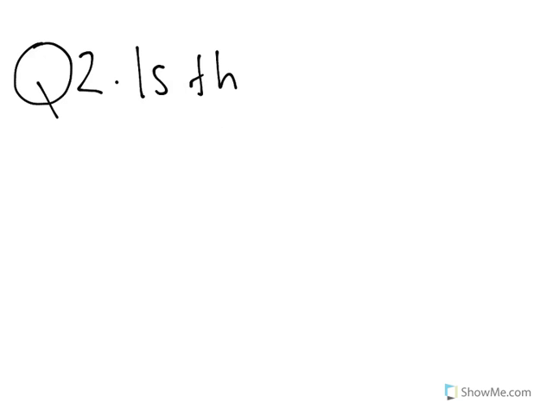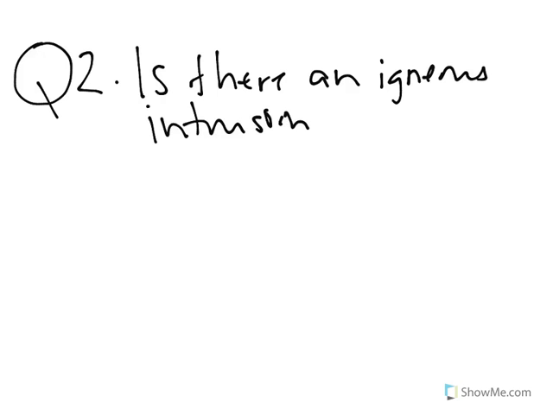Now, the next question we have to ask ourselves, to figure out if we have the third one, is: do we have an igneous intrusion? If you remember from the cross-section, the igneous intrusions look like these big black blobs that came through.